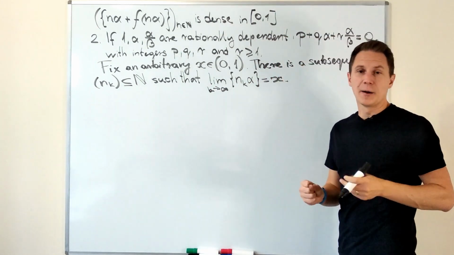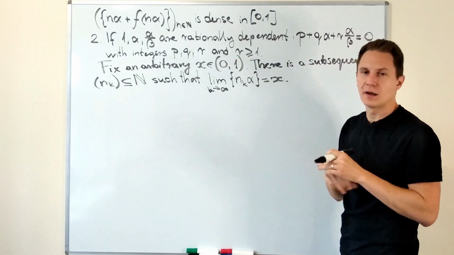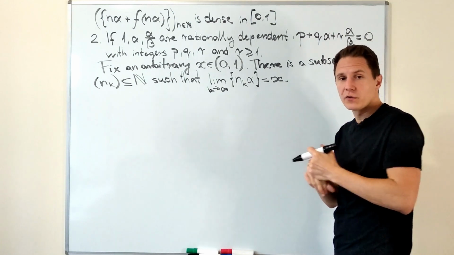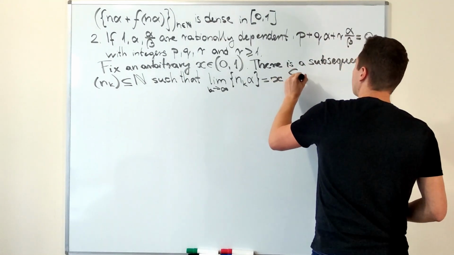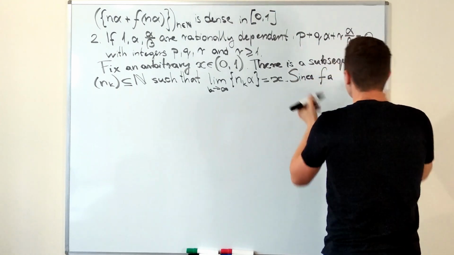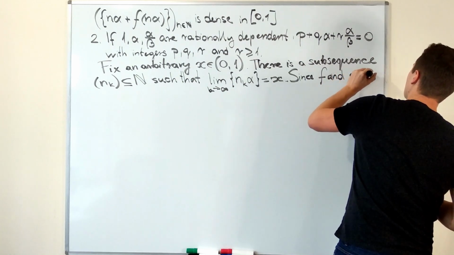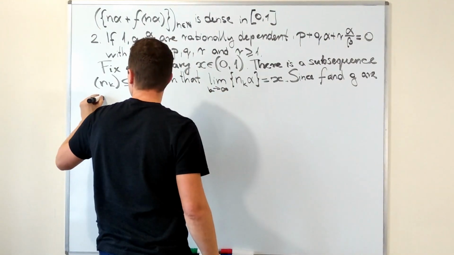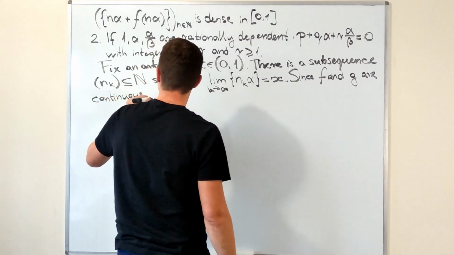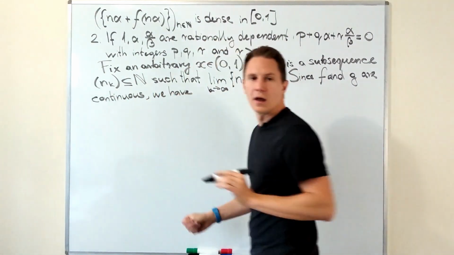Okay, and since our functions f and the g that we created from it are continuous, we can do the following, just like something we did in the first case. So since f and g are continuous functions, we have the following limit.